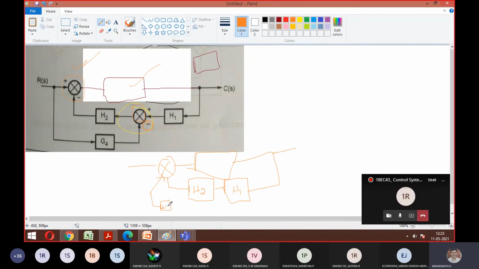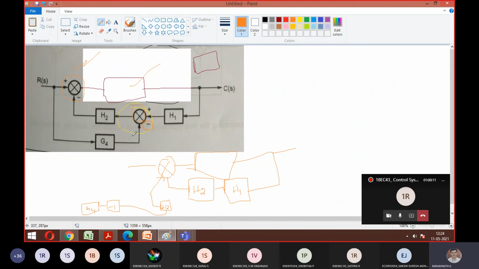Okay. So for this H2 combination, I need to connect two more blocks. That is, this minus means -1, and you have G4. So be alert with this step.